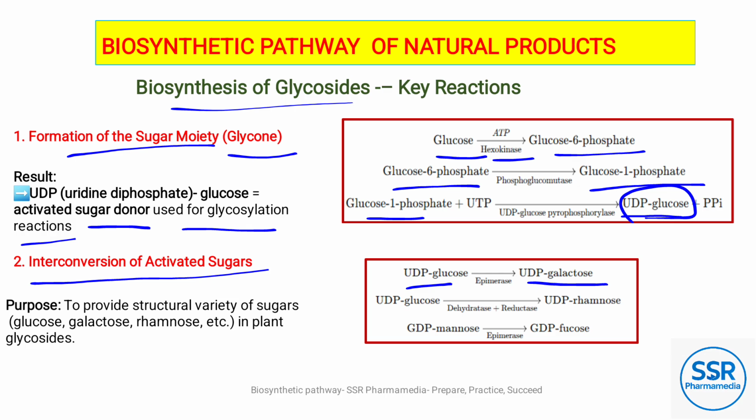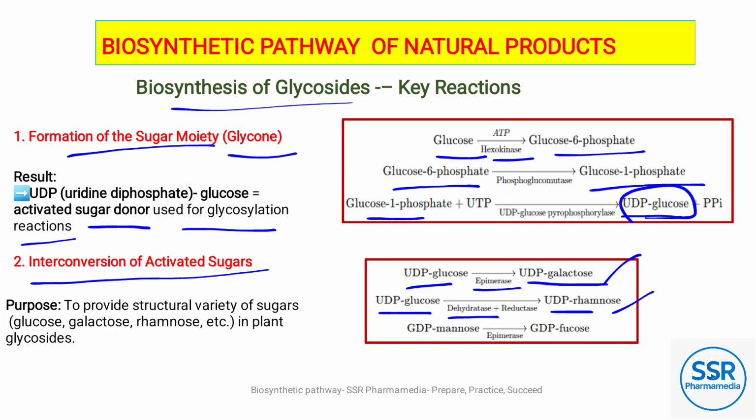Then, in the presence of dehydratase and reductase enzymes, it is converted into uridine diphosphate rhamnose. So, first it is converted into galactose in the presence of epimerase, and second into uridine diphosphate rhamnose in the presence of dehydratase and reductase enzymes.